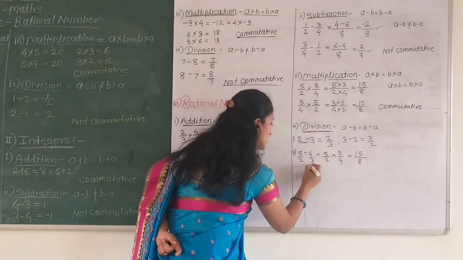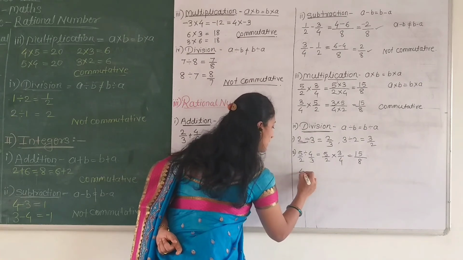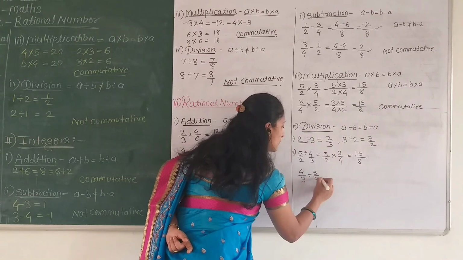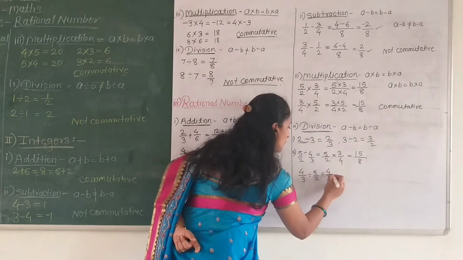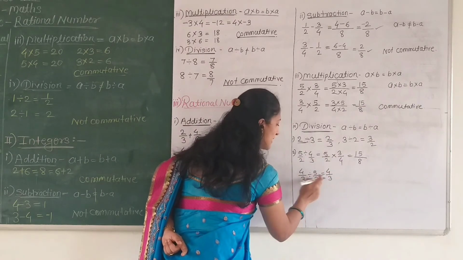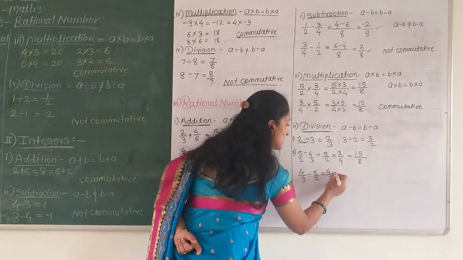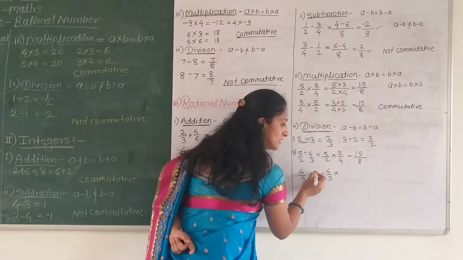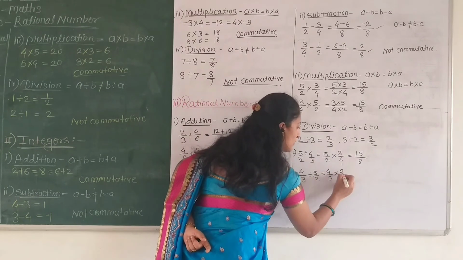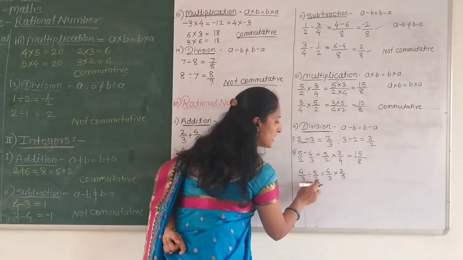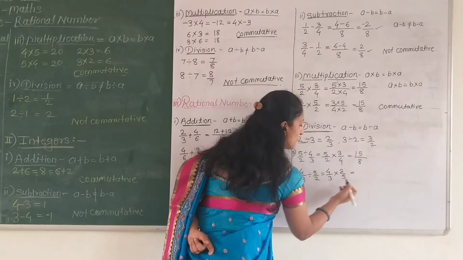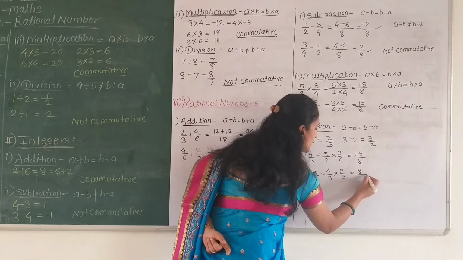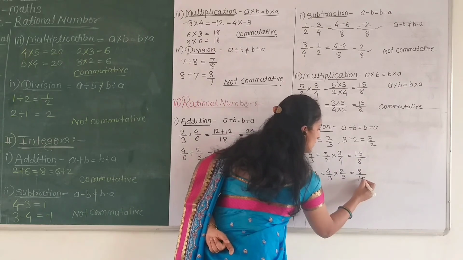Now if I change the places of the numbers, that is 4 upon 3 divided by 5 upon 2, we get 4 upon 3 as it is, the first fraction. This division will change to multiplication and the fraction 5 upon 2 will change to 2 upon 5, that is the reciprocal. Now while doing the multiplication, 4 into 2 is 8 and 3 5s are 15.